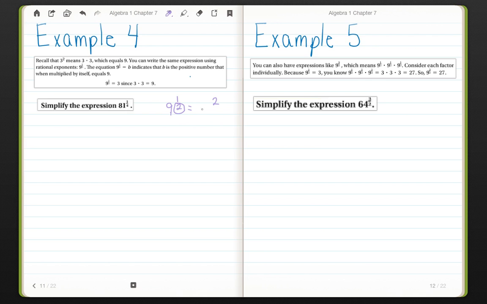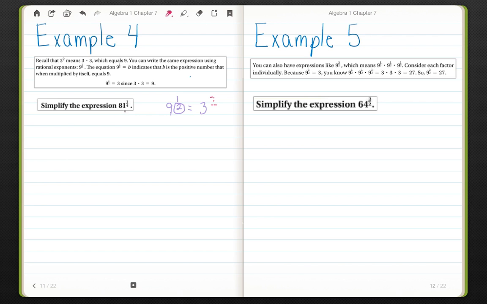So 9 to the 1/2 power is the same as 3 squared. What number squared equals 9? So you can think of the exponent doesn't actually go there, but I want you to kind of imagine. I'll change the color so that you can kind of imagine this 2 here. 3 squared equals 9. What number squared equals 9? 3. So let's take a stab at this.